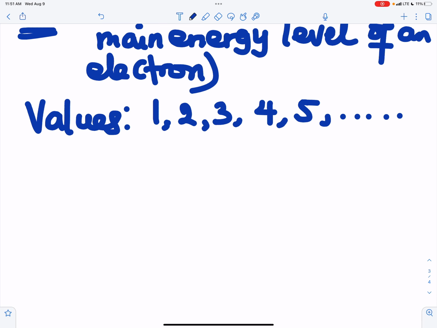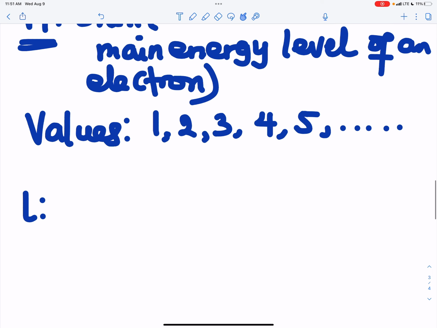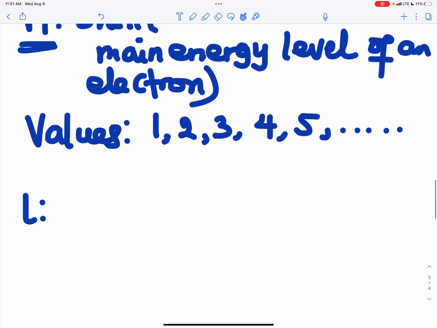Secondly, this second quantum number, L. Sorry, I said principal quantum number. L is called the subsidiary quantum number. Let me quickly indicate that here. n is the principal quantum number.